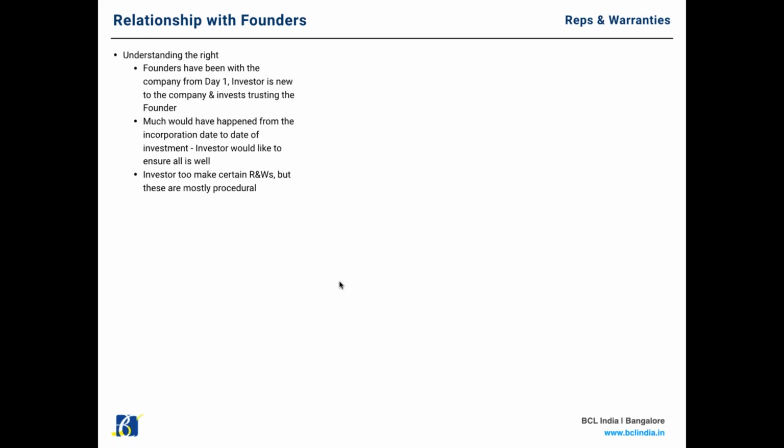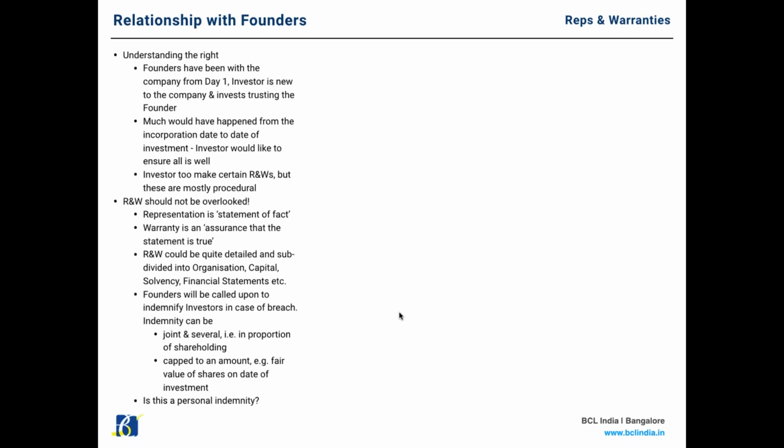So it is a statement of fact that the promoters are bound by. The promoters state that the capital table, the organization structure, the directorship or the investments, all of these events are true, basically taking an oath.